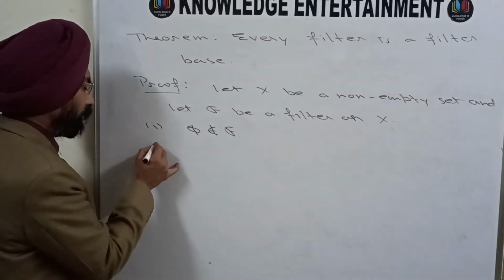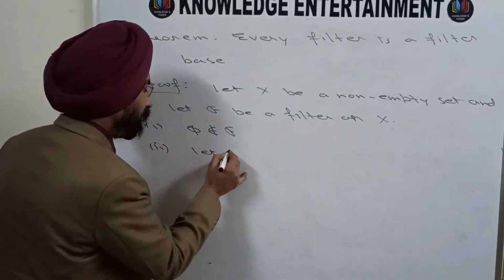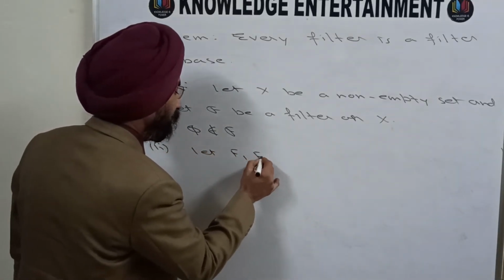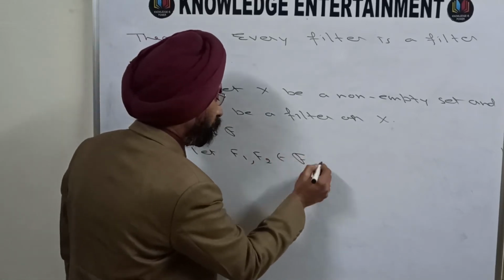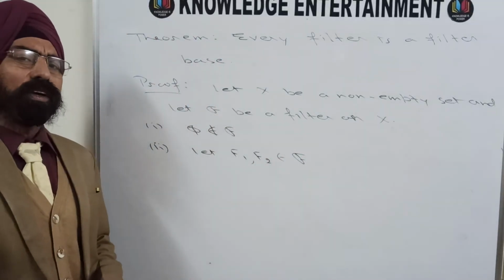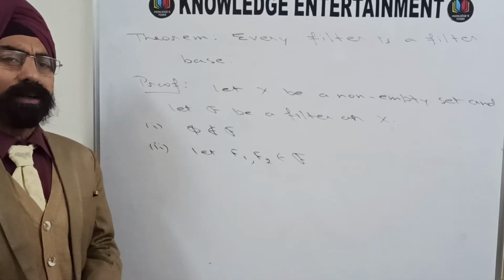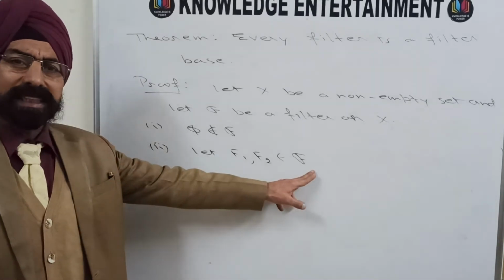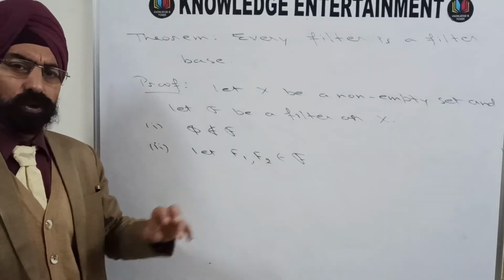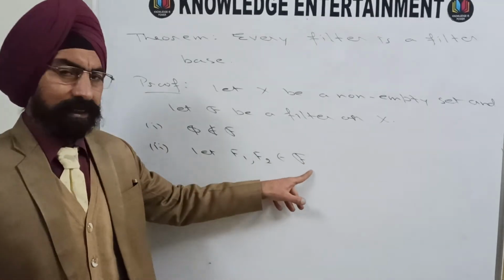Secondly, let F1, F2 be two members of F. Now what are we to prove? We are to prove that there exists another member of the filter F which is contained in the intersection of these two. Now F is a filter.